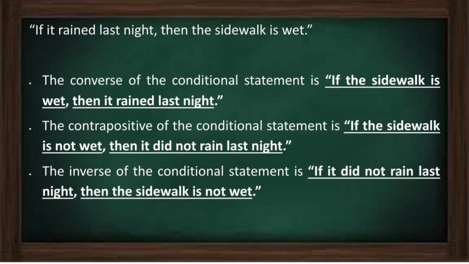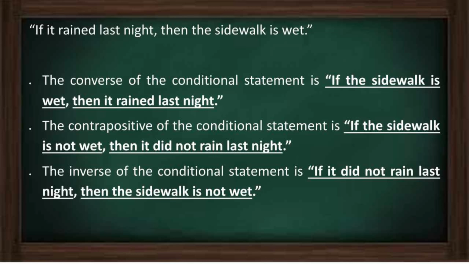Let us start first with the converse. Our converse is if Q then P. So our conditional statement is if the sidewalk is wet then it rained last night, where our Q here is the sidewalk is wet and P is, yes, it rained last night.